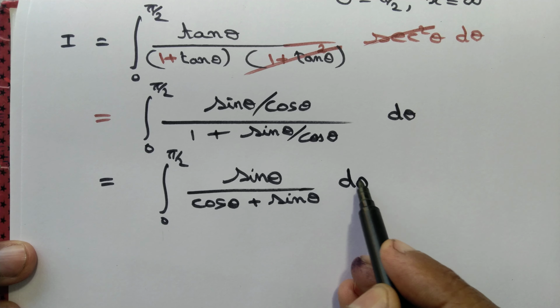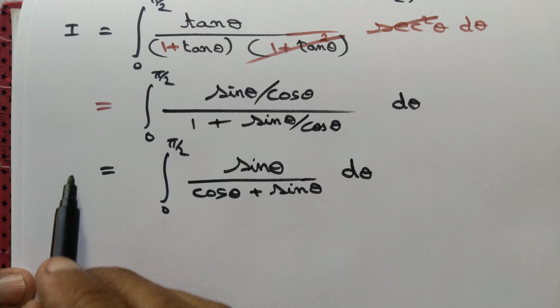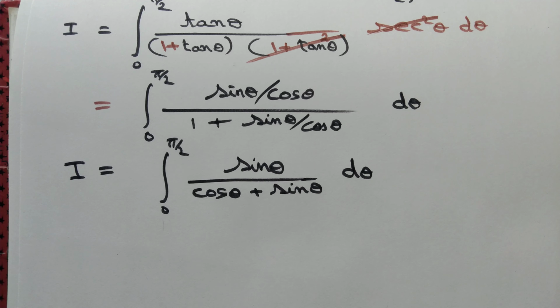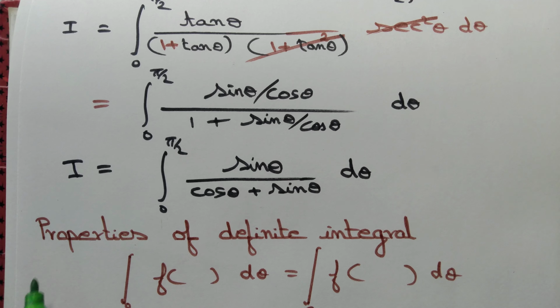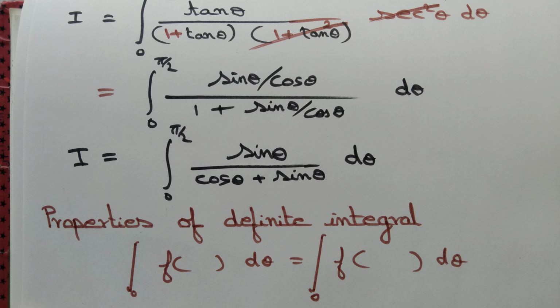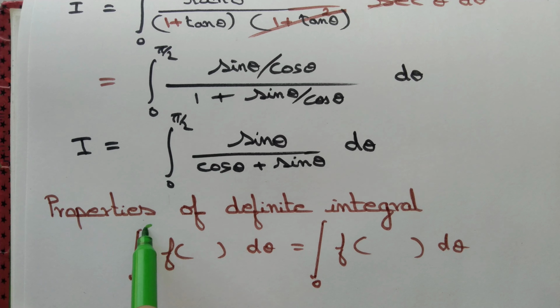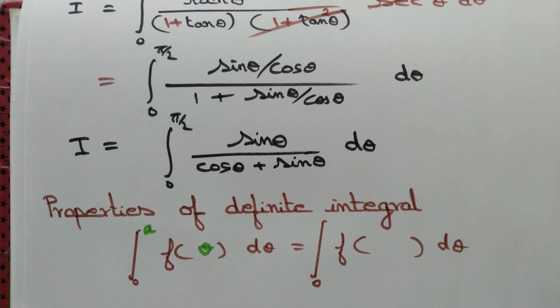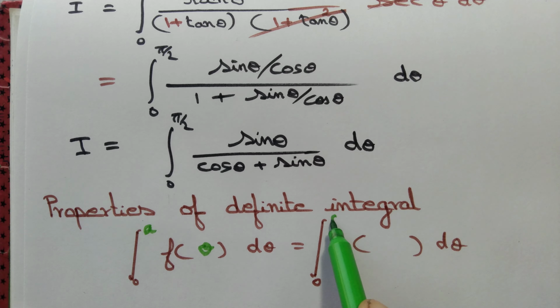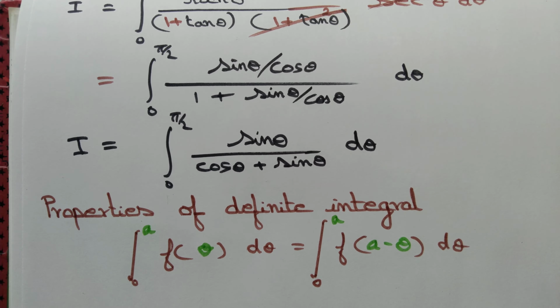This integral can be evaluated by several different methods. However, we will do it by using a property of definite integrals, and that will make our work much easier. To be precise, we will use the fact that the integral from 0 to a of f of theta d theta equals the integral from 0 to a of f of a minus theta d theta.